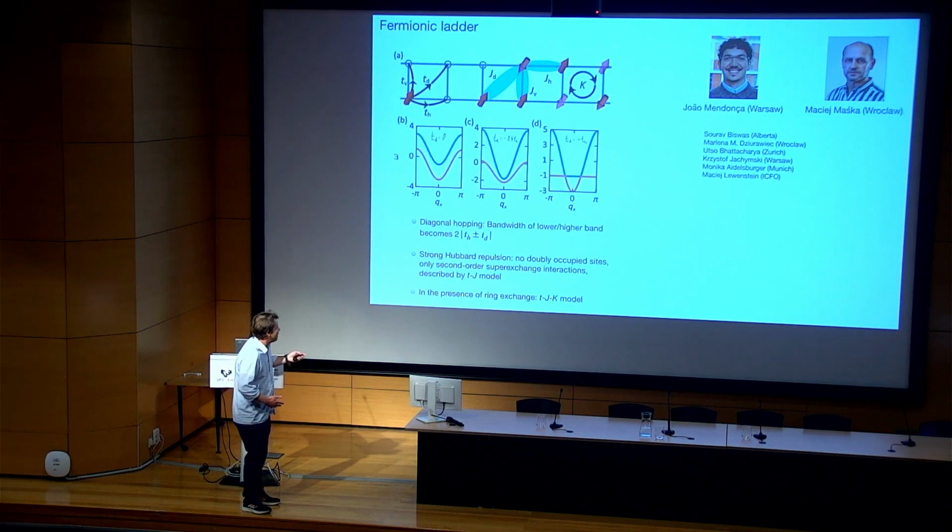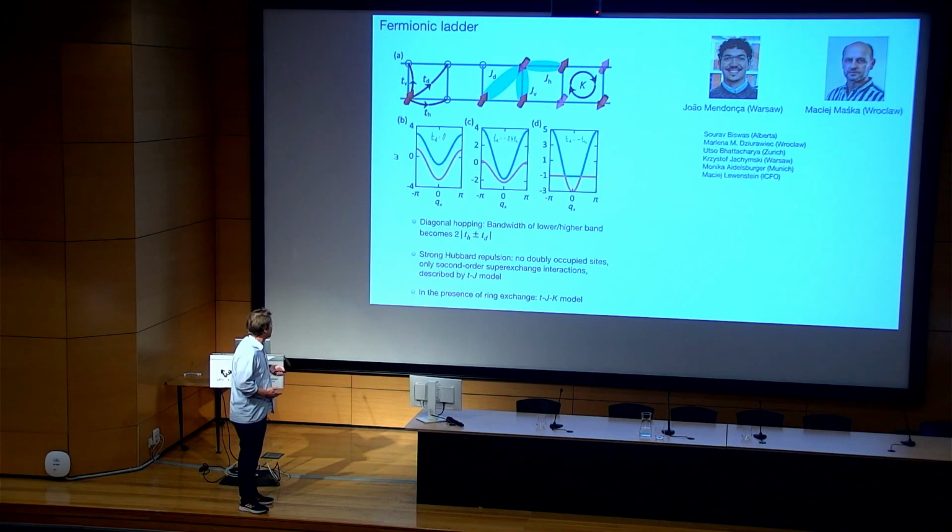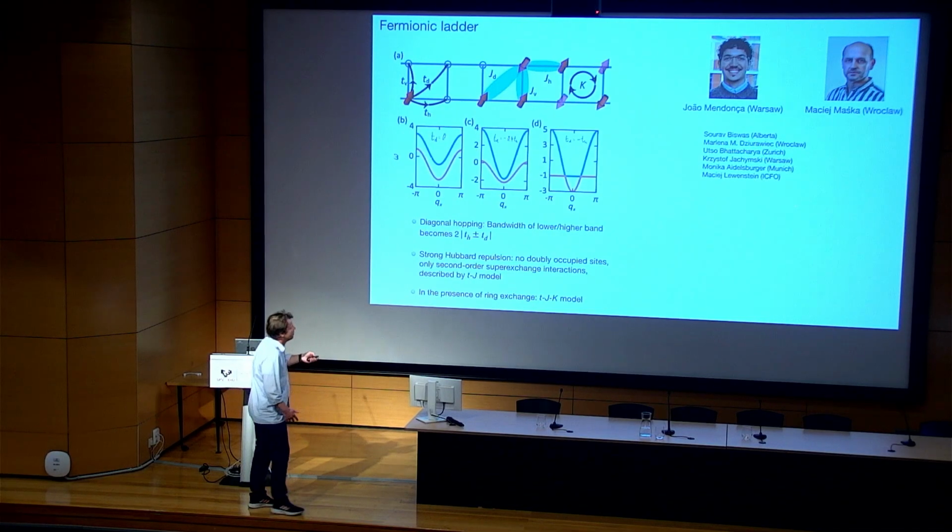We can make it entirely flat if you want, but this is the situation which we were interested in. This work is done by João Mendonça, who was a summer student at DIPC last year, in collaboration with a group of people around Europe at least.